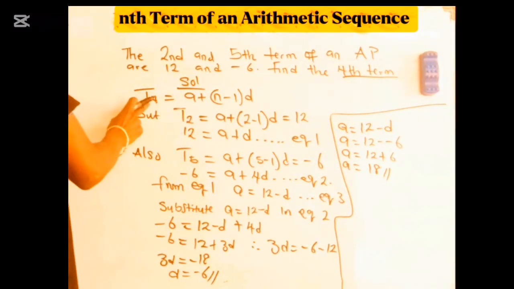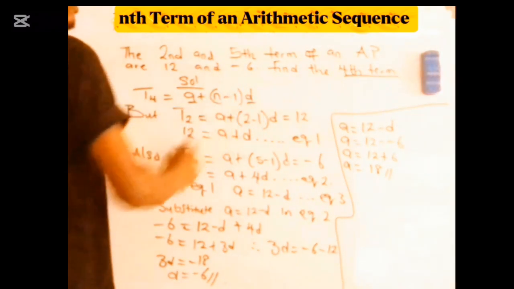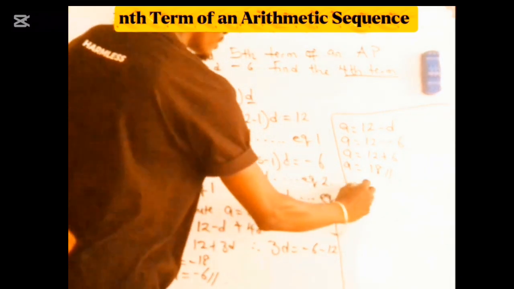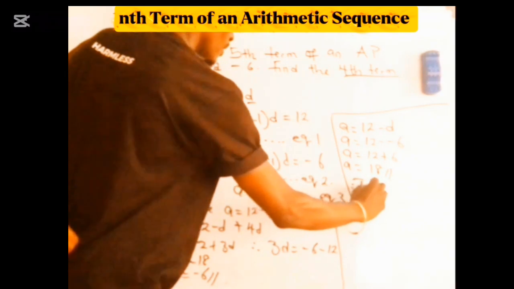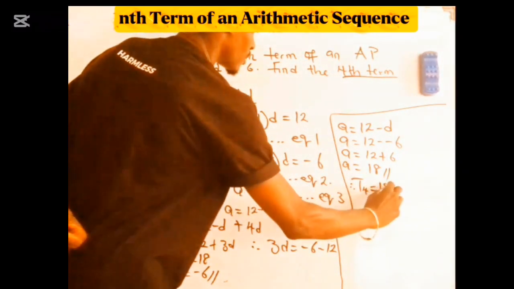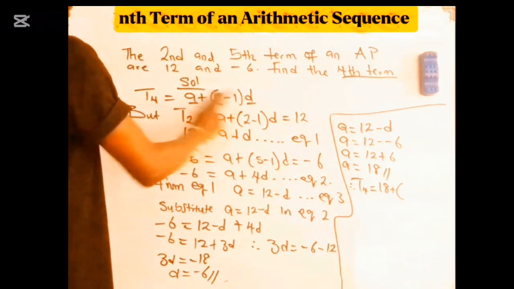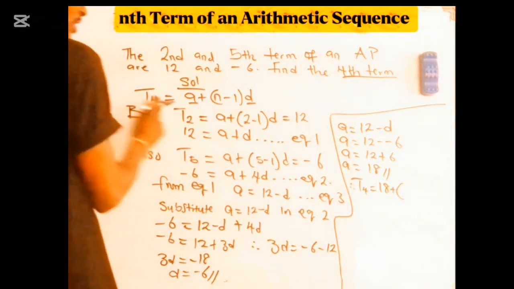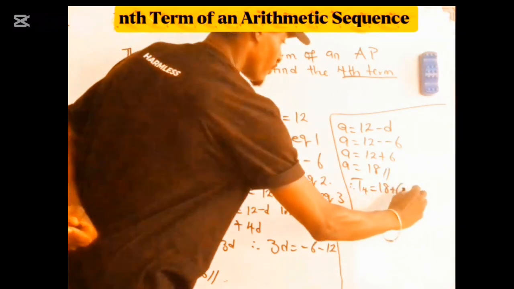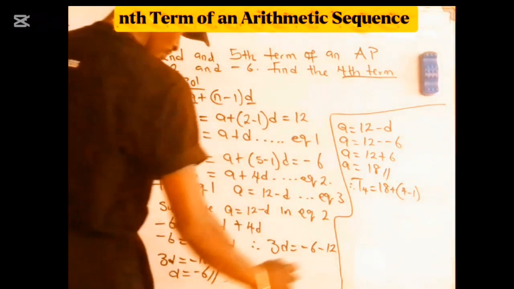So we can now find our T4 from here, because now we have A, we have D. Therefore, T4 is equal to A, which is 18, plus open bracket n minus 1, where n is 4 because we're looking for the fourth term, 4 minus 1, then D, which is minus 6.